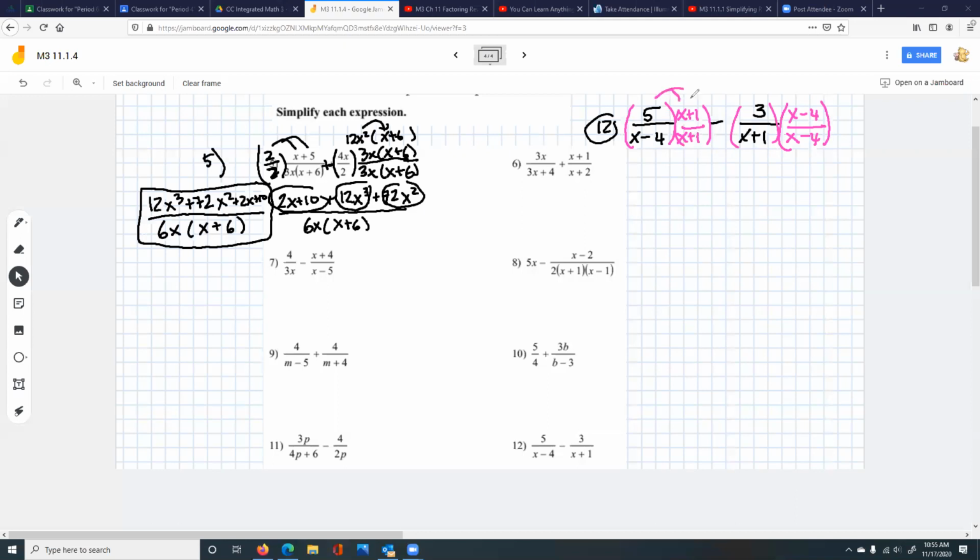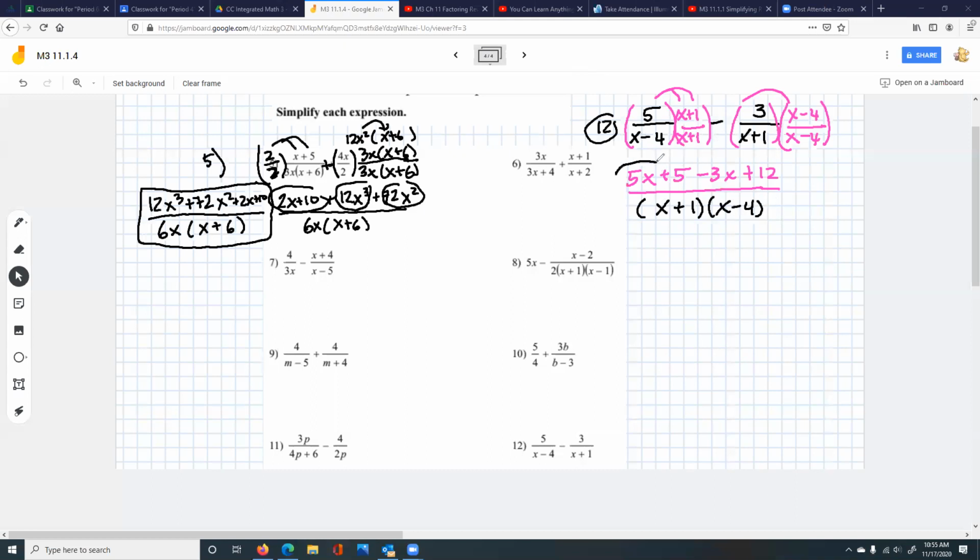So I'm going to multiply the 5 times the x plus 1, which would be 5x plus 5. And then remember this negative. This is a negative 3. So negative 3 times x is negative 3x. Negative 3 times negative 4 is positive 12. Remember that. And then the denominator is just going to be x plus 1 times x minus 4. Doesn't matter if I put it in this order or that order.